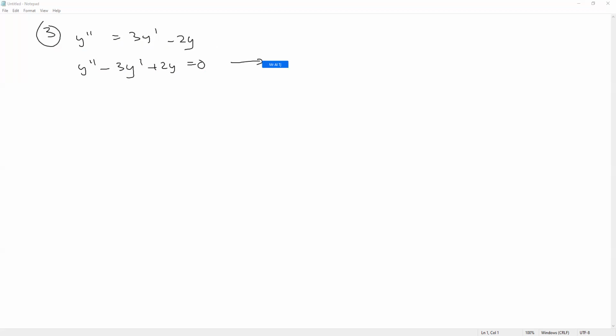In this case, we simply see the coefficients. So it's going to be k squared minus 3k plus 2 equals 0. This is our characteristic equation. To find the roots, we can do any of the ways, but I think the simplest is to just factorize.